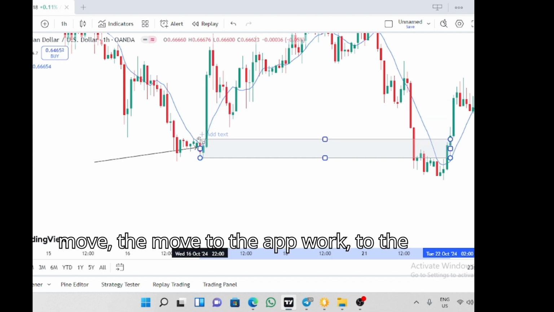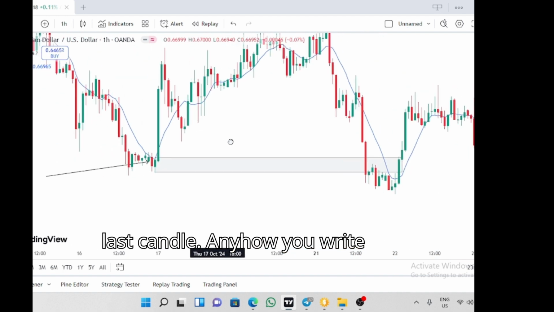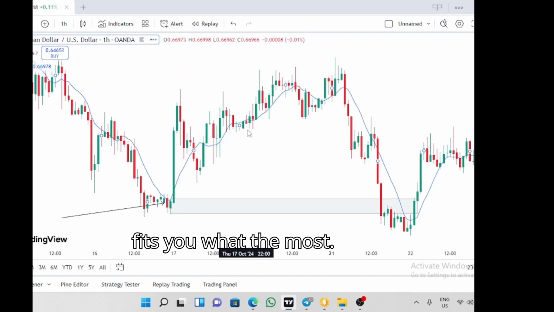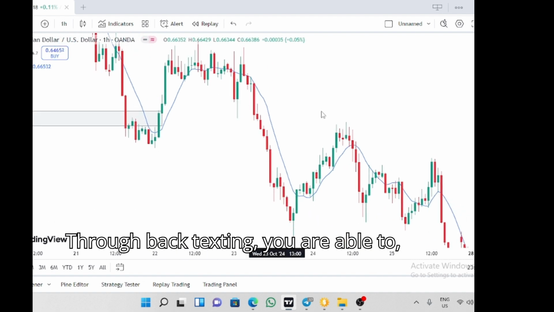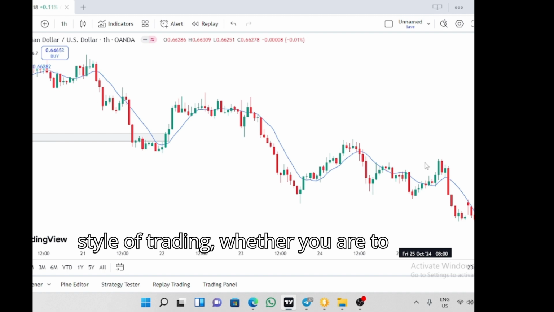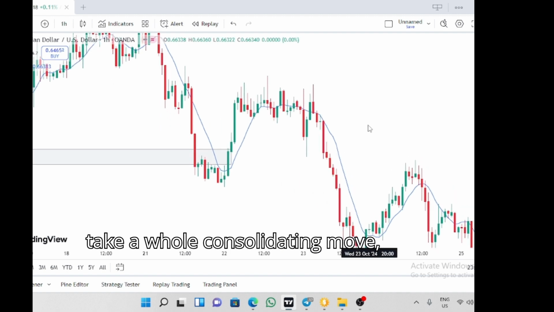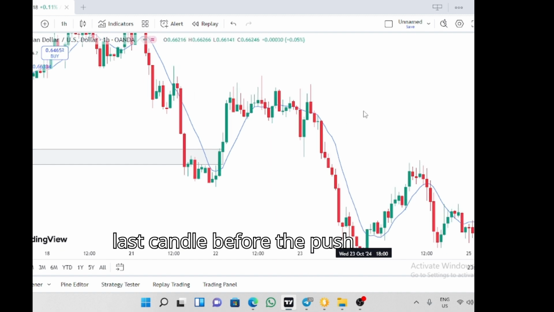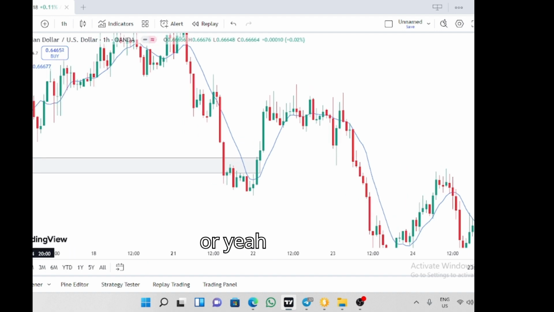Anyhow you draw it, through backtesting, you know which way fits you the most. Through backtesting, you're able to find your style of trading, whether you take the whole consolidating move or just the last candle before the push.